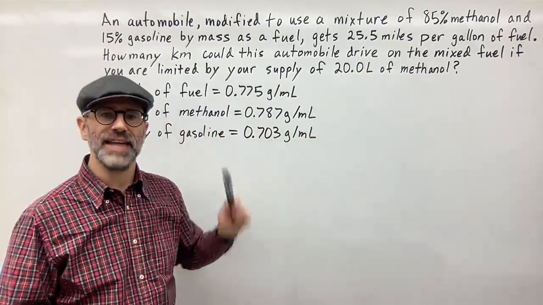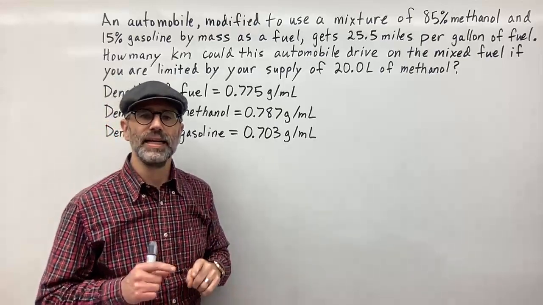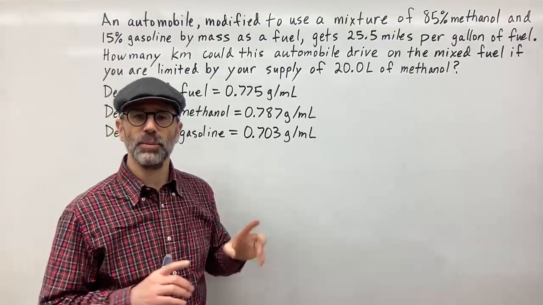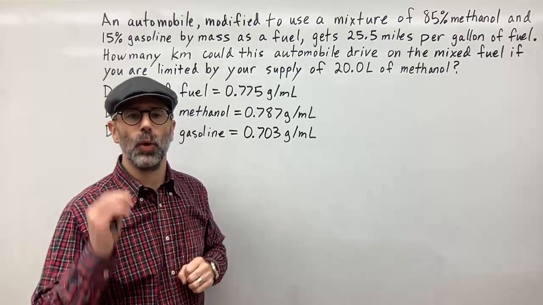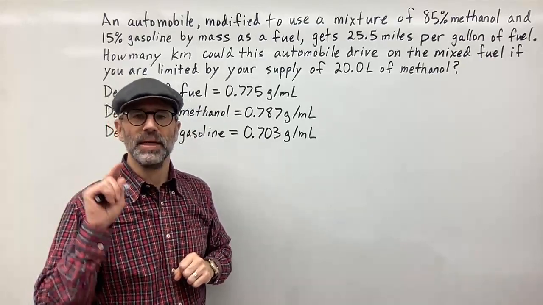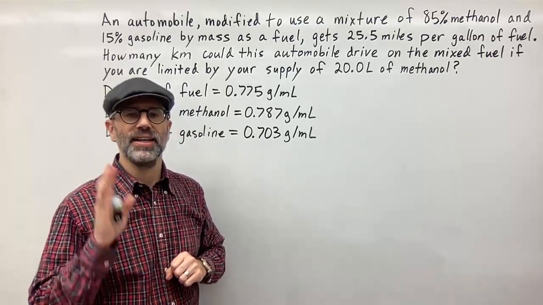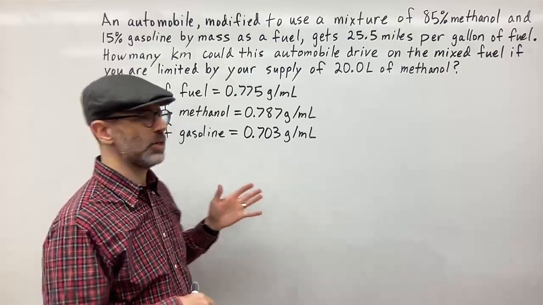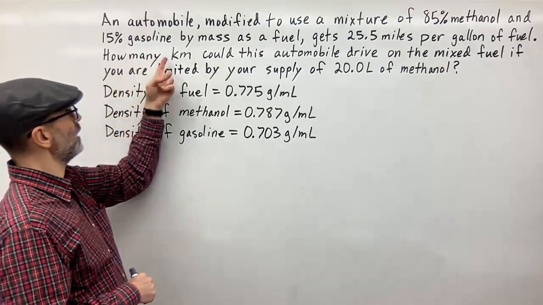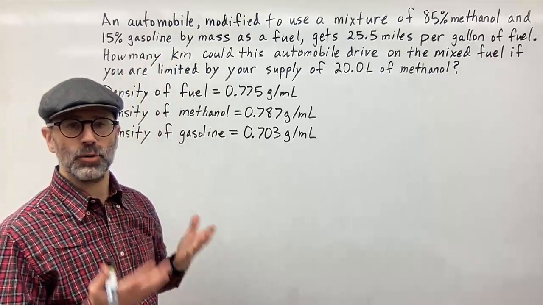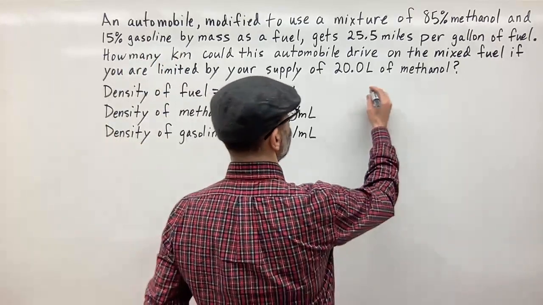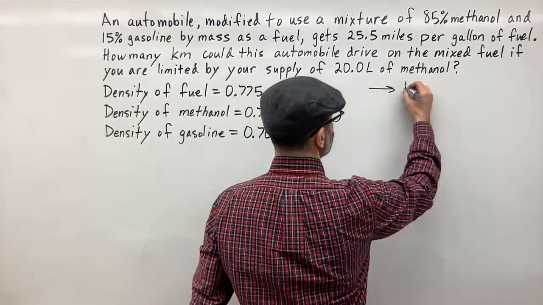The second thing we need to do is determine what we're going to begin with and where we're going. The end of our problem is in the question: how many kilometers? So that's where we need to go.